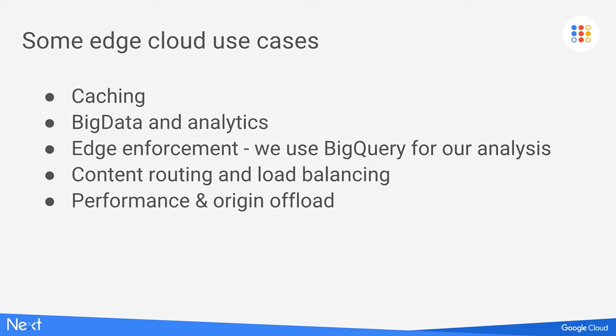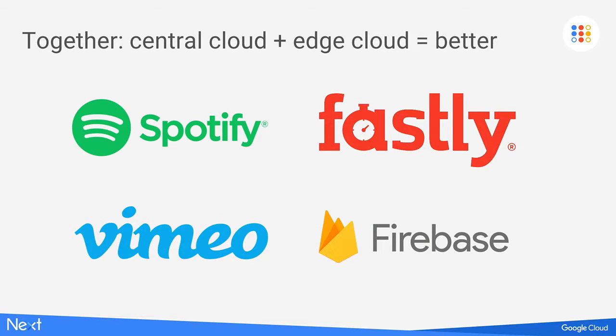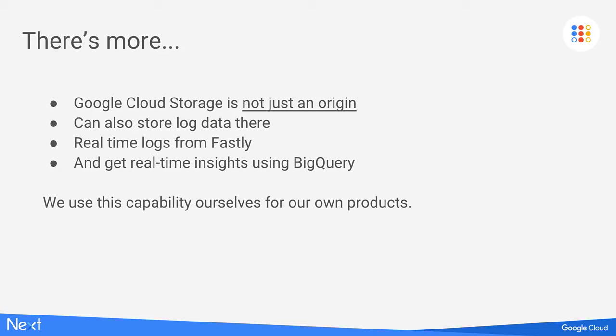And from a security point of view, the real-time aspects of the platform and the integration with Google allows you to do some pretty amazing stuff. Use cases are, in this case, pretty simple. On the face of it, like Vimeo is obviously video and images. Spotify is, as people can guess, a tremendous amount of audio. But there's a lot of other cool things that they do with us as well.